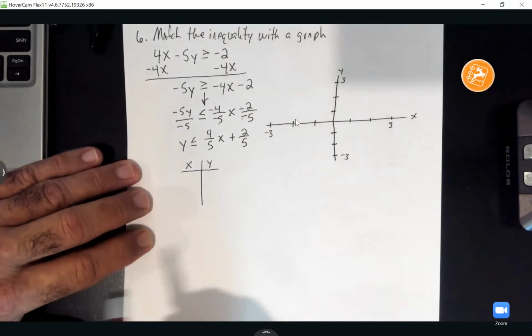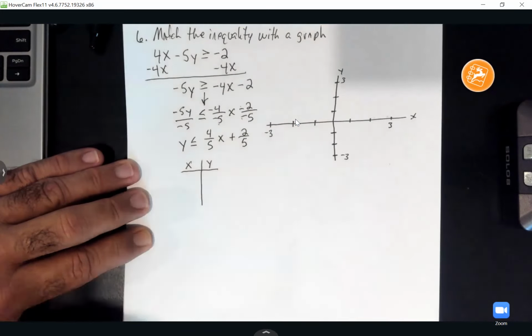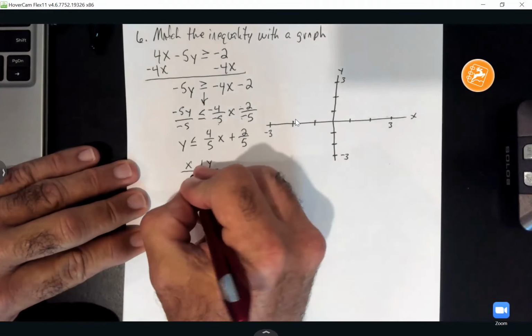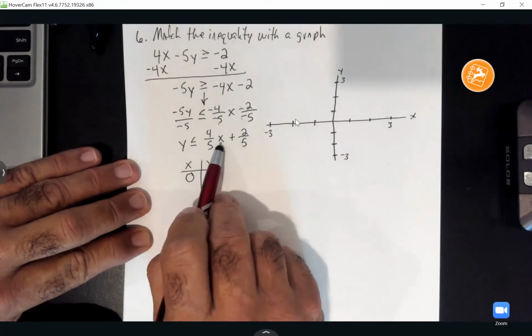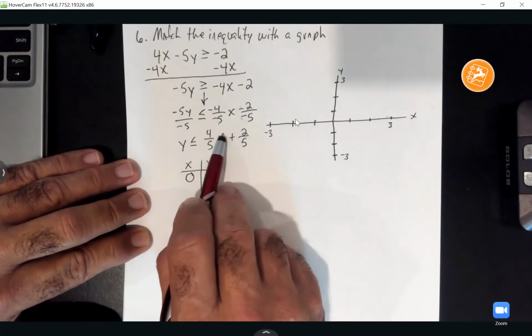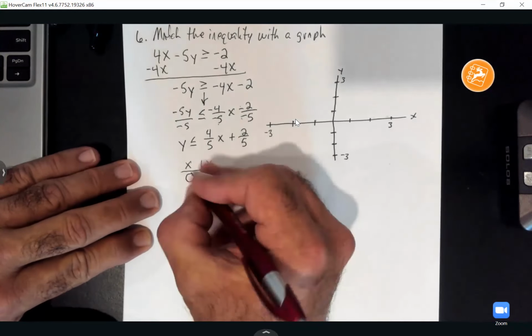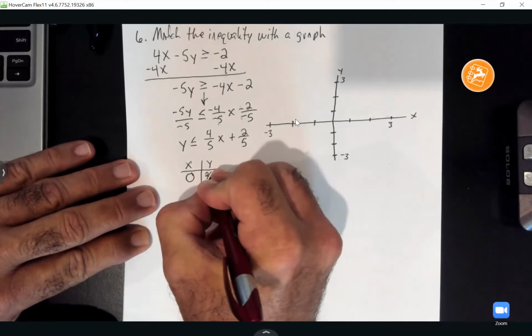All right, so I'm just going to make me a nice little table real quick. So I always use 0. So if we put a 0 in for the x, 0 times 4/5 is 0. 0 plus 2/5 is going to be 2/5.